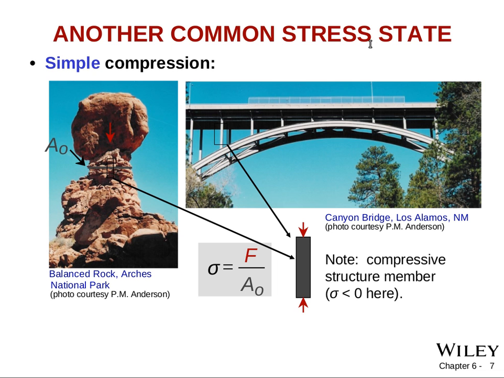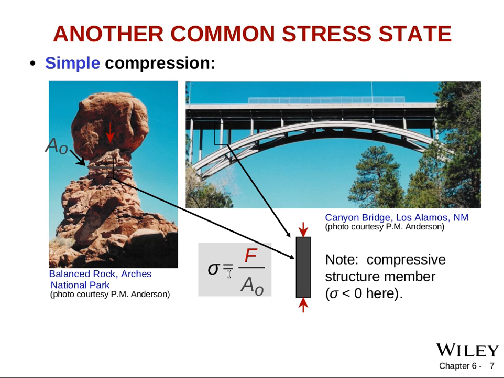Another common stress state is compression. And so this rock formation, I believe it fell down a year or two ago, but it used to be in Arches National Park. So this rock up here is applying a compressional force to the rocks that are below it.